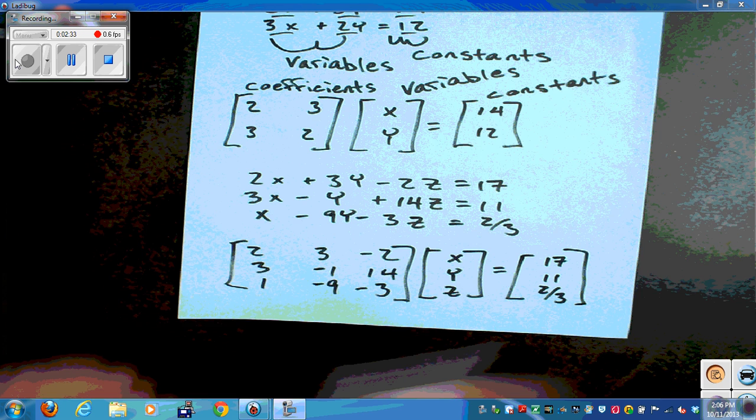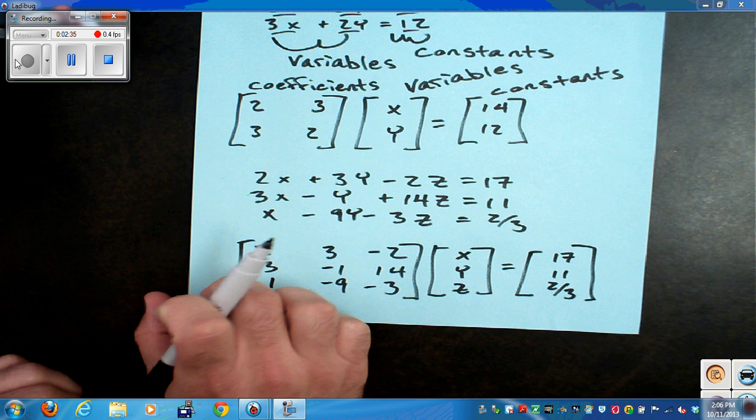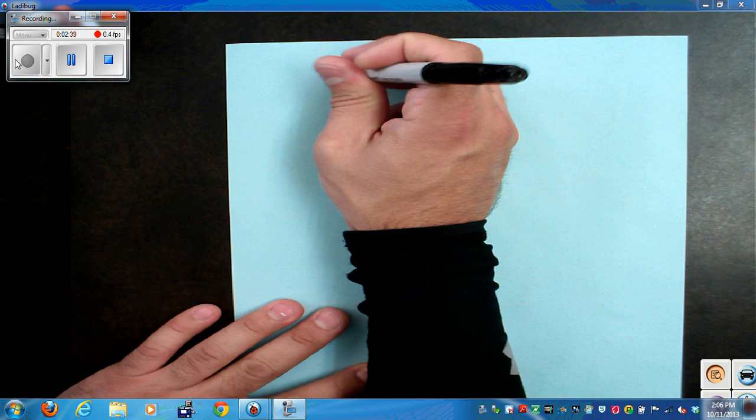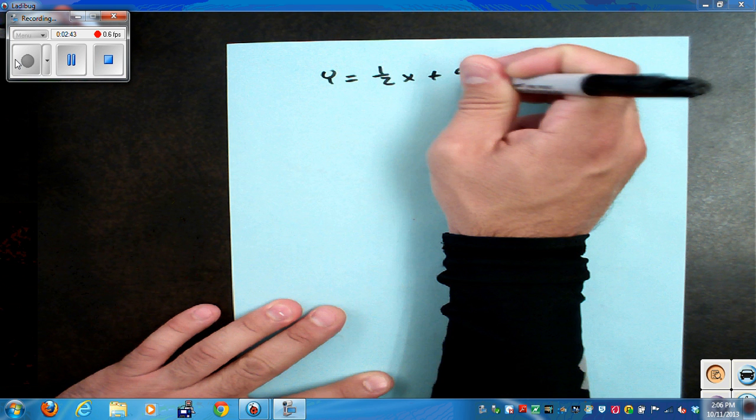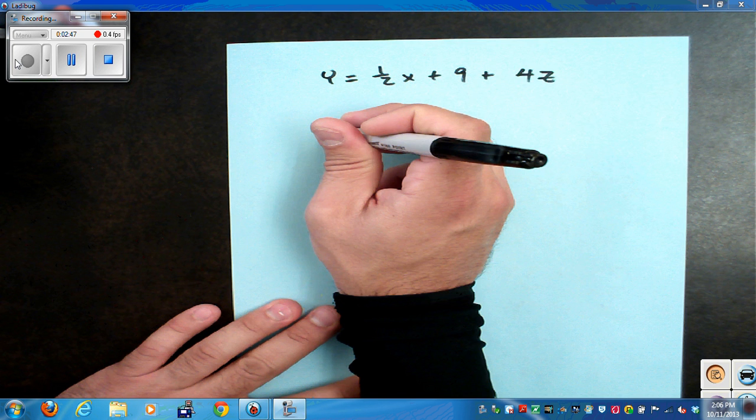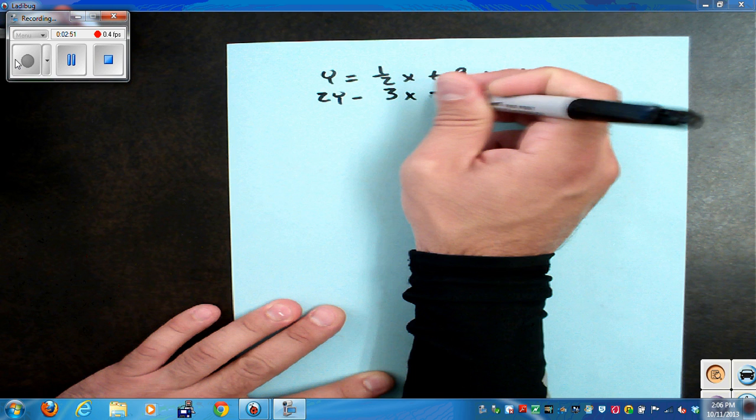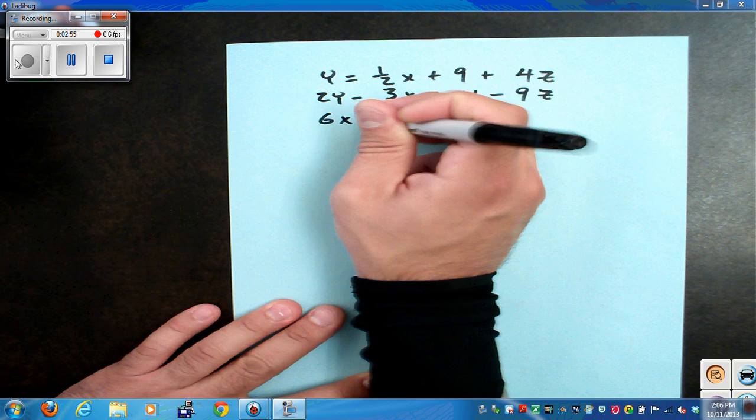What becomes a little bit more difficult is if my equations are not in the right format or not all in the same format. If my starting equations are these guys right here, I want to first make sure that I can get them all into standard form.